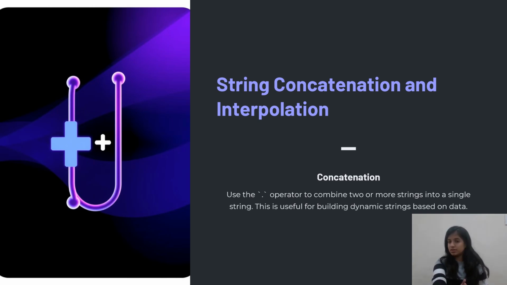Here you can see we use the dot symbol operator to combine two or more strings into a single string. This is useful for building dynamic strings based on data. There may be so many pieces of data that you want to join together, so we can use this operator to concatenate the strings.